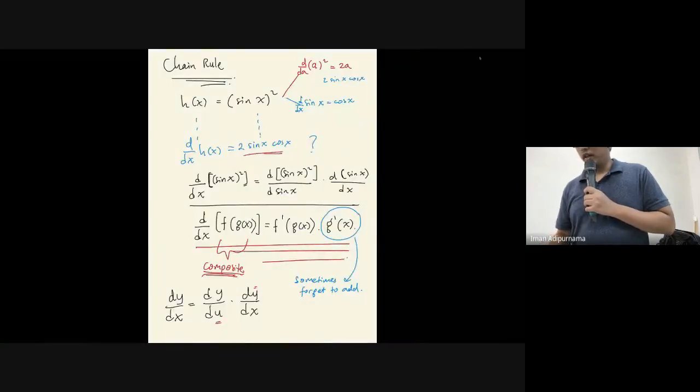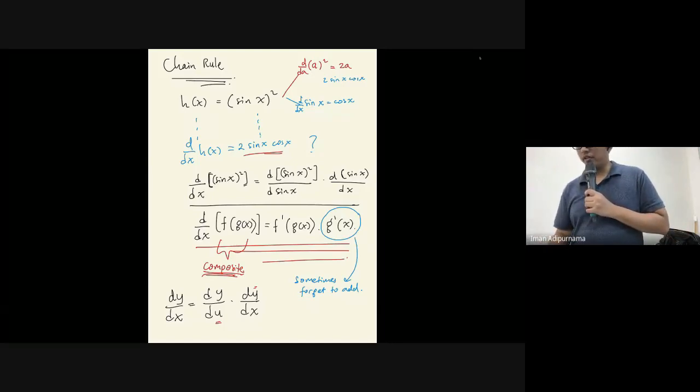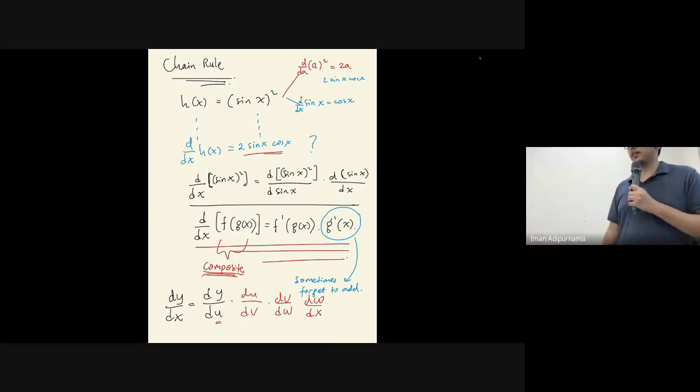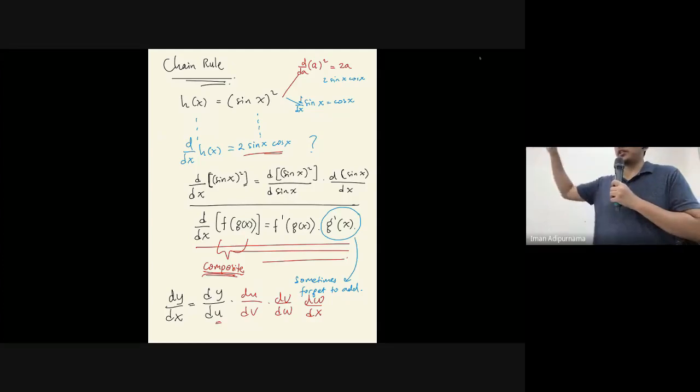And you can have as many as you want. The composite is not just two functions, it's maybe more and more, and it is nesting: du over dv, dv over dw, dw over dx. You can have as many as you want in the chain rule. So it's like functions inside of functions inside of functions, and so on and so forth.